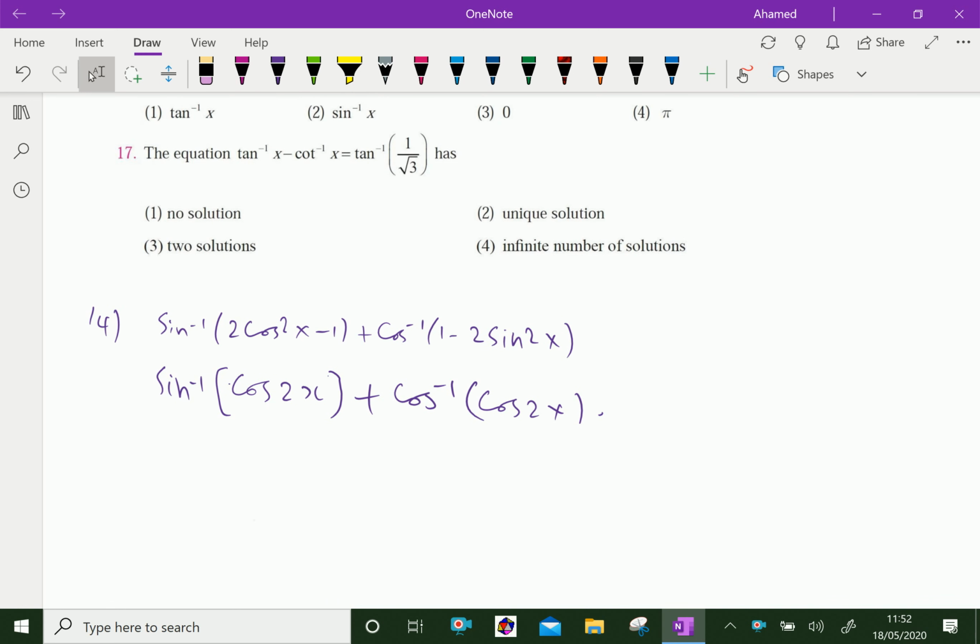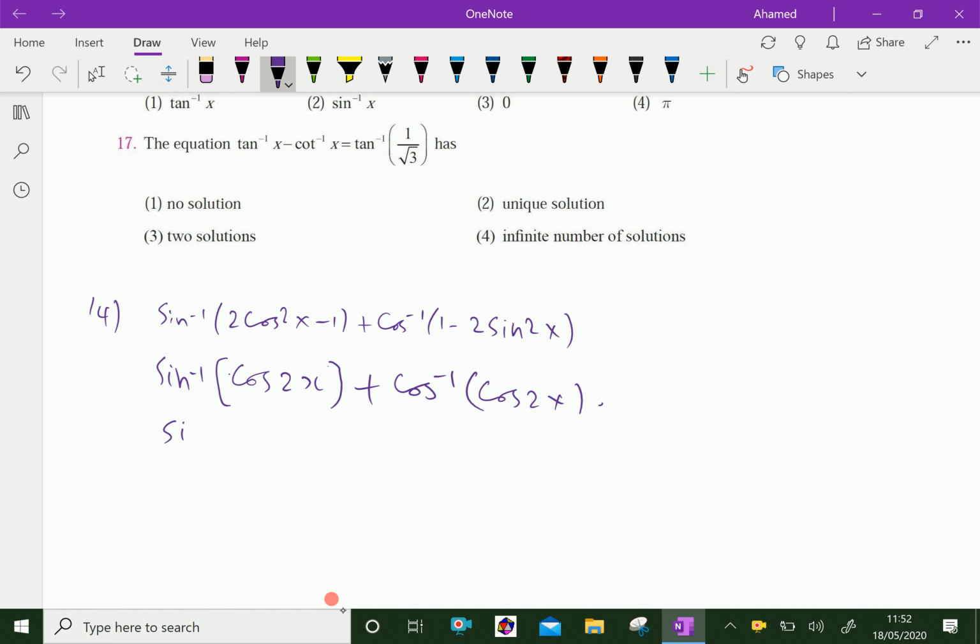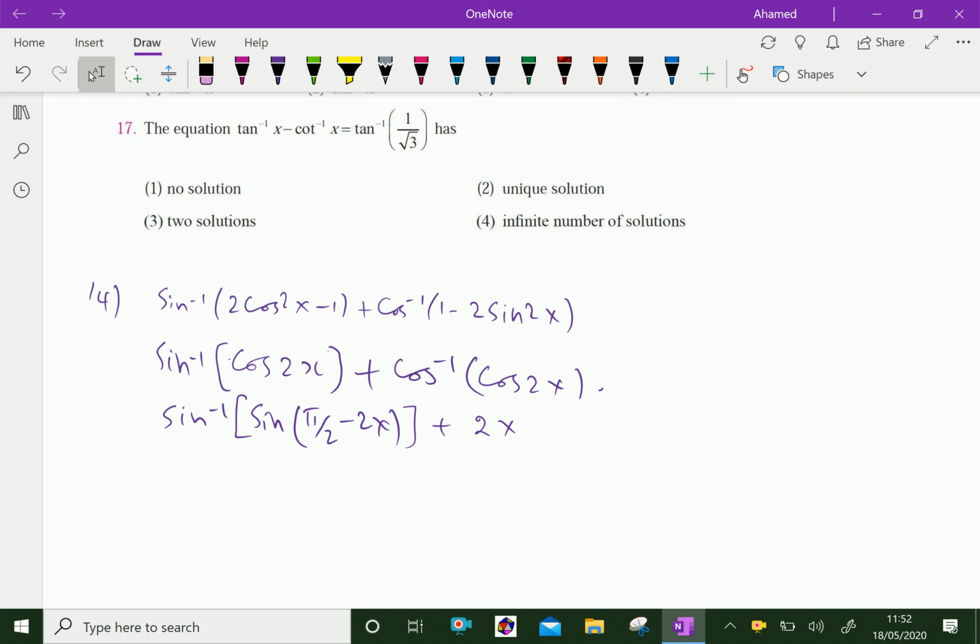Here sine inverse of cos 2x we can write as sine inverse of sine of pi by 2 minus 2x, which means pi by 2 minus 2x is in the first quadrant, so cos 2x is the cofunction of sine of pi by 2 minus 2x. Plus cos inverse of cos 2x is 2x.